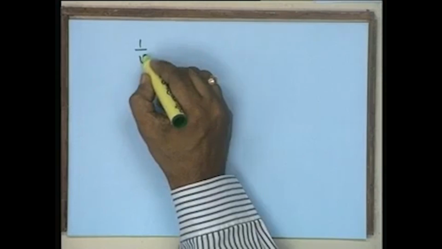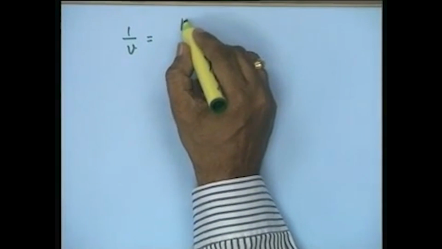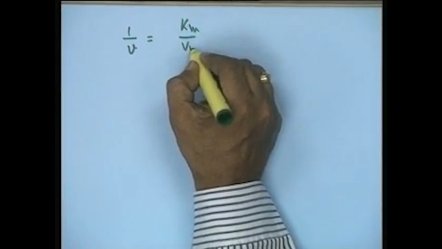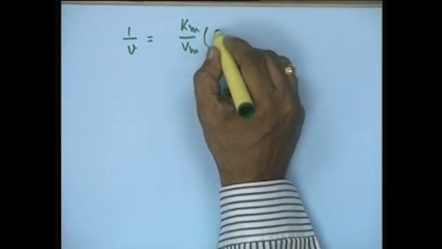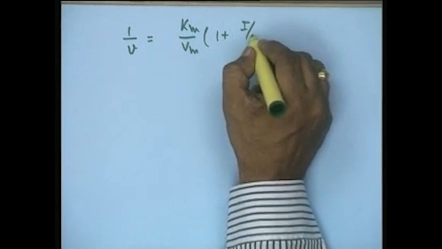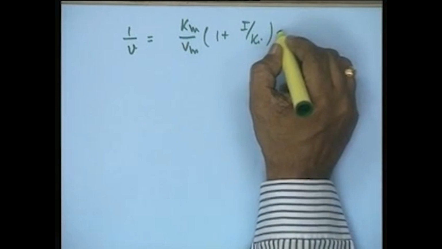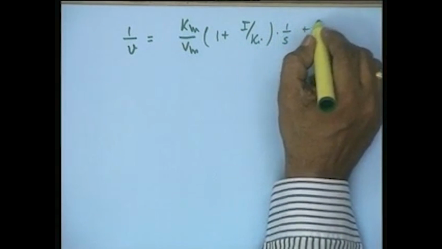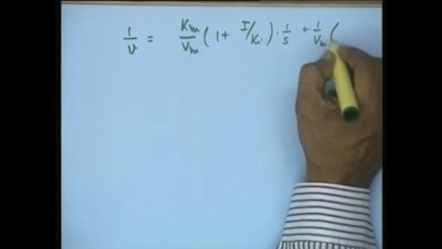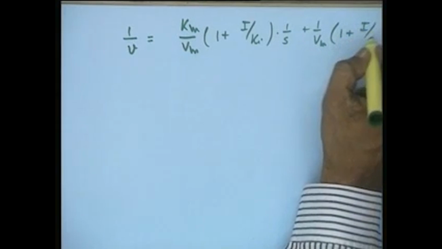The double reciprocal plot in the presence of a non-competitive inhibitor is given as 1 upon V is equal to Km over Vm, 1 plus I over Ki, into 1 upon S, plus 1 upon Vm, 1 plus I over Ki.